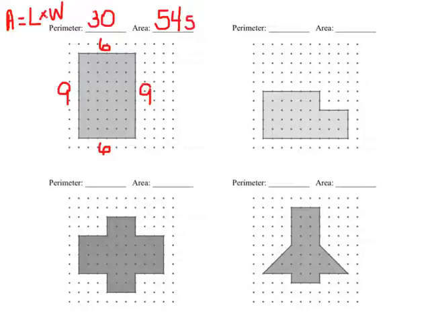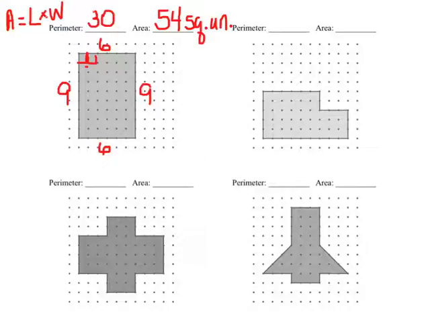And I'm going to write square units, because there are little squares. Now I could count all the little squares within this rectangle, but that would be very time consuming. But if I did, I would count 54 of the little squares.